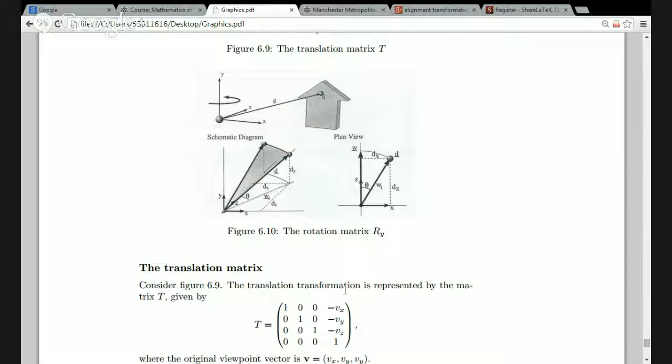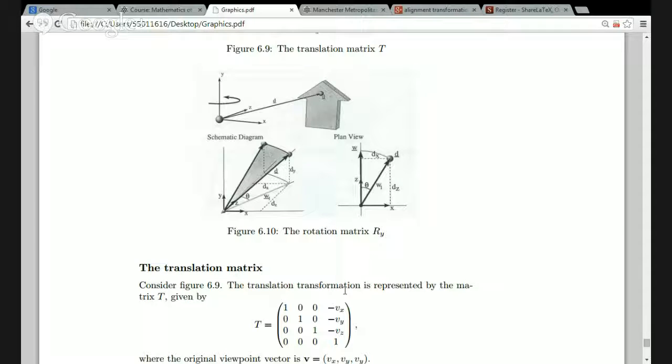Everybody got that one? So the second matrix we need is going to come from this diagram. And so we're then looking at it in the YZ plane.